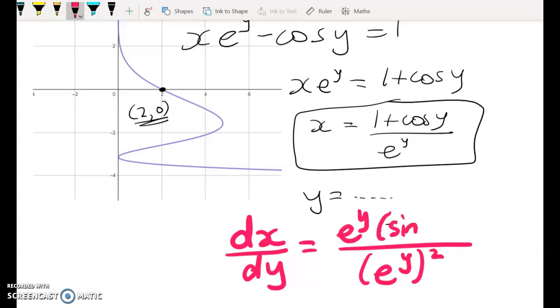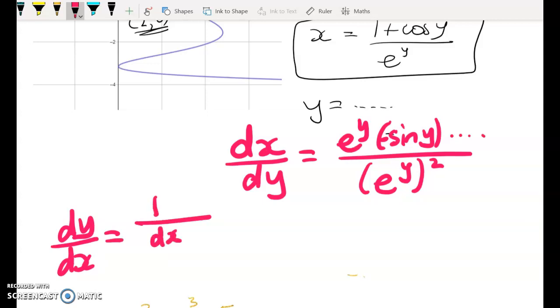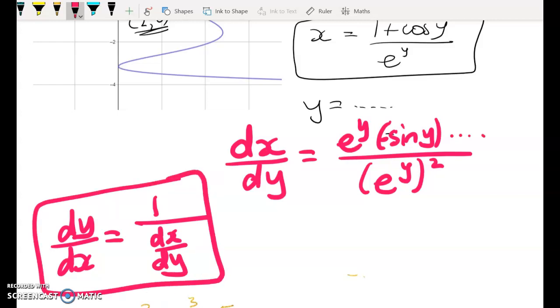You go on like that and you get an expression for dx by dy. And then to go from that to dy by dx, it's really simple, but I want to spend time talking about this in class, not here. We can use this relationship, and this comes in useful in so many more complicated problems: dy by dx is just 1 over dx by dy.